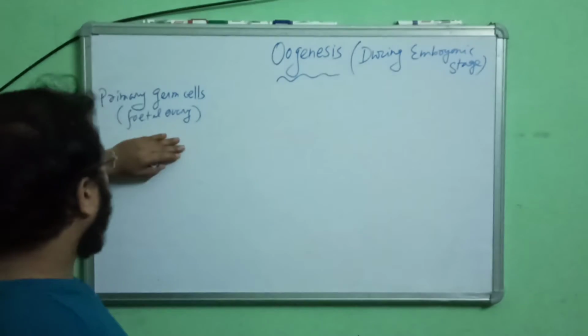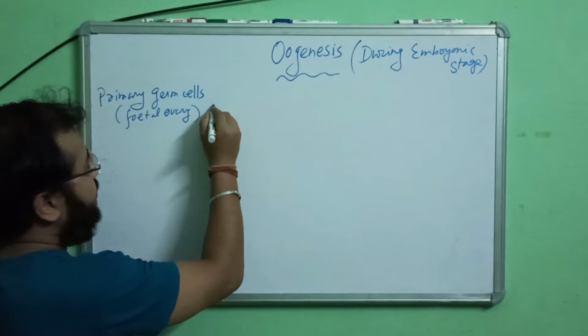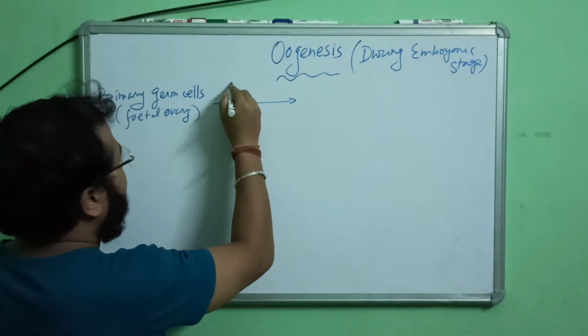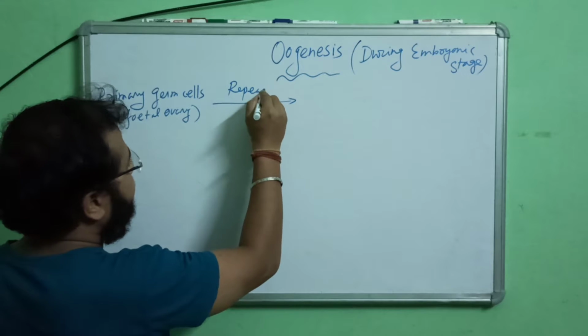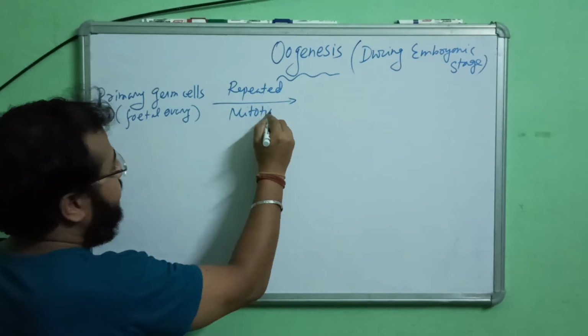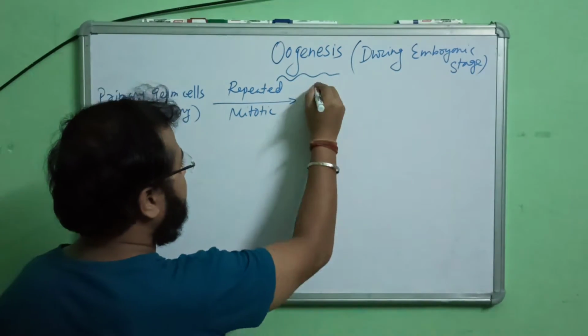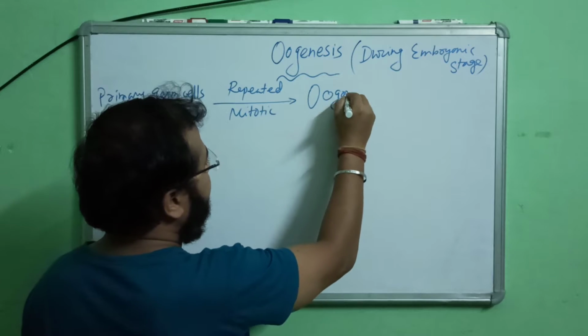These primary germ cells undergo repeated mitotic cell division, and they produce oogonia.